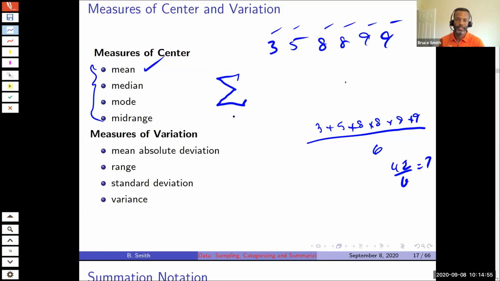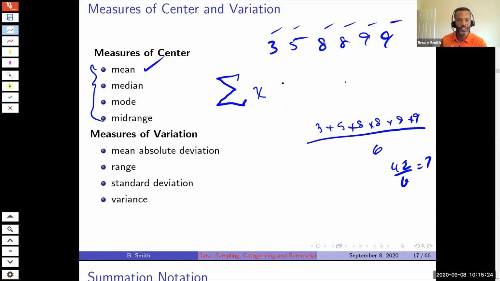But it's a Greek S. And so it's a very short shorthand for telling you what to do. So if I put something in front of sigma, what it's really saying is that you're going to do a sum using whatever it is that's sitting in front.